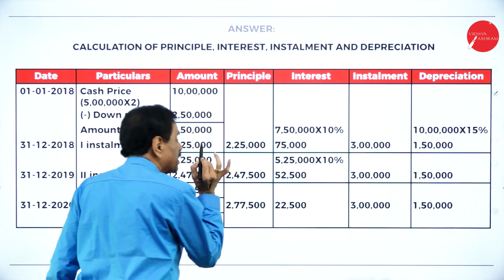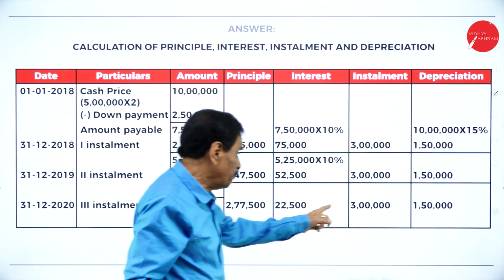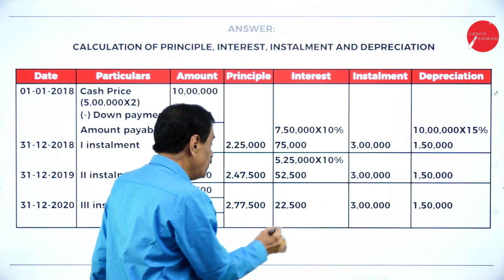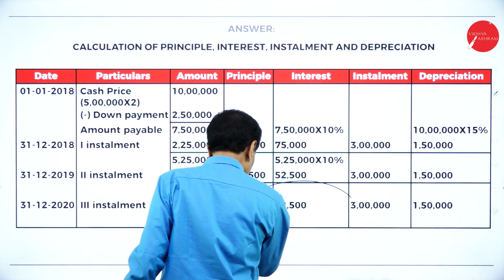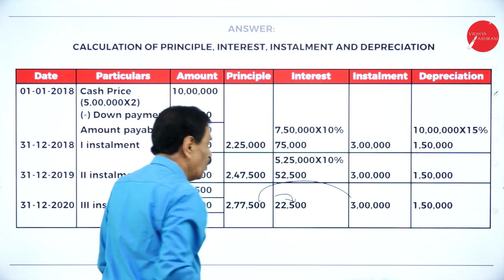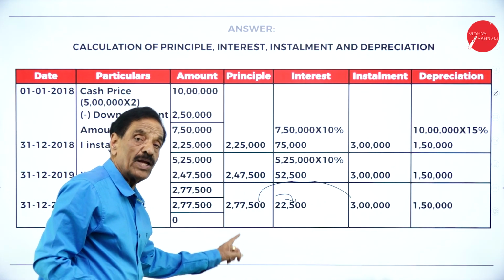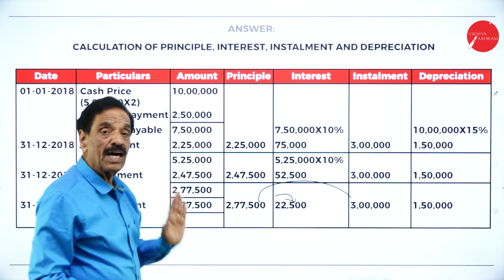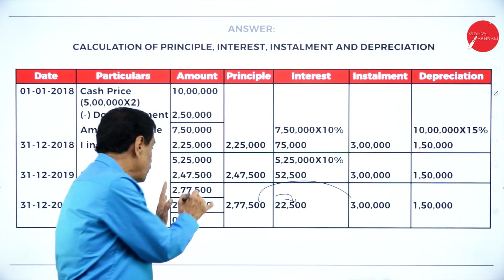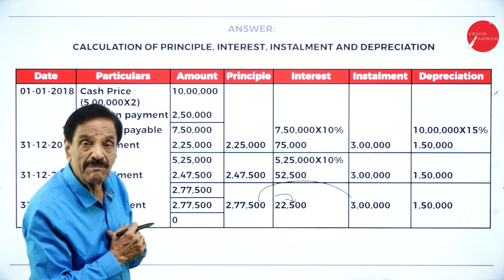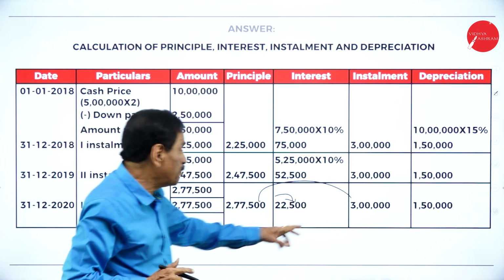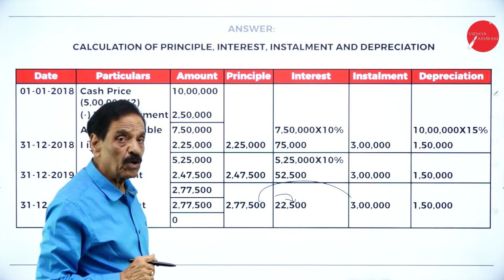The balance to be paid is 2,77,500. Don't calculate the 10% rate here. But he paid 3 lakh rupees.